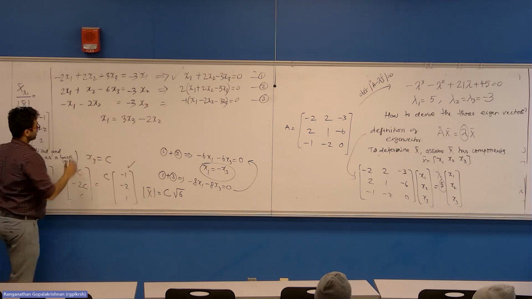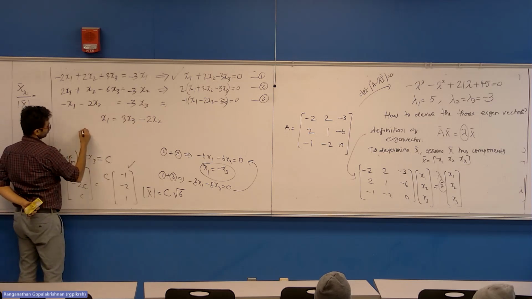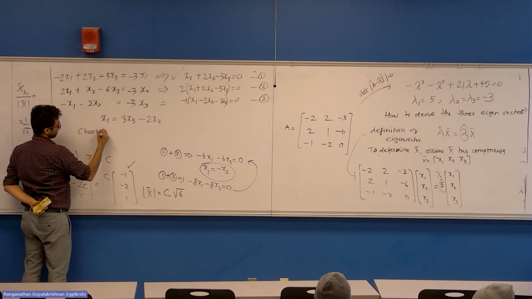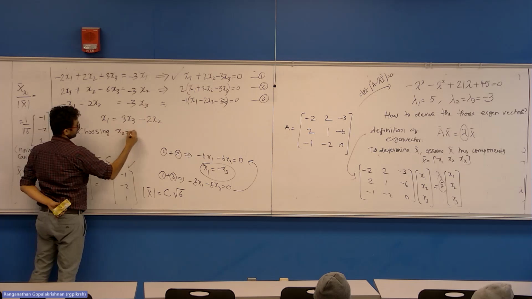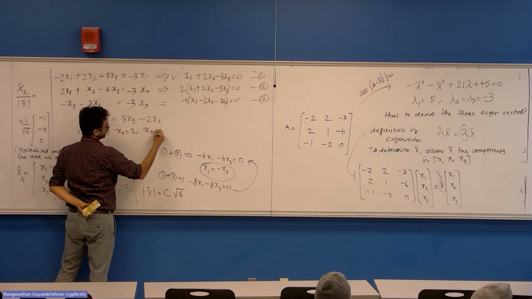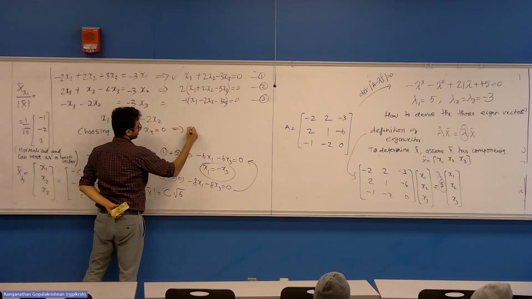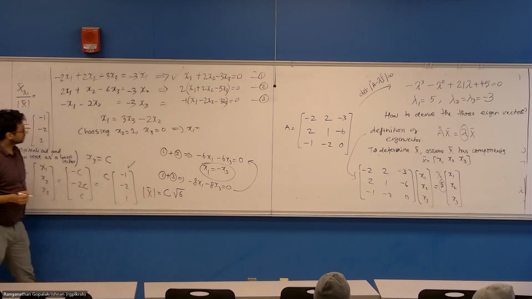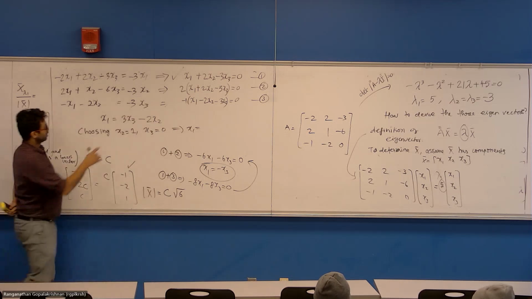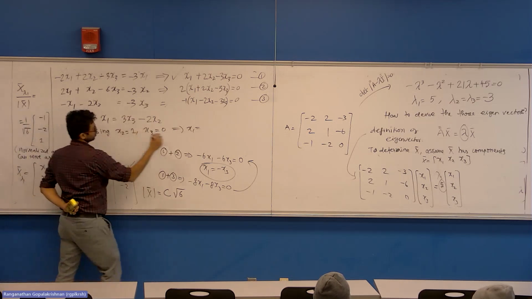Say for example, choosing x2 equal to 1 and x3 equal to 0, what do you get for x1? Minus 2.